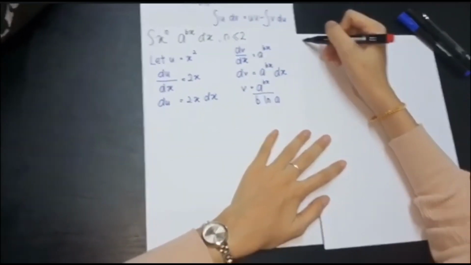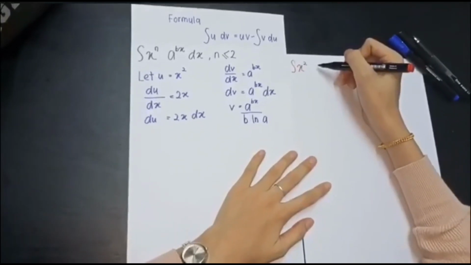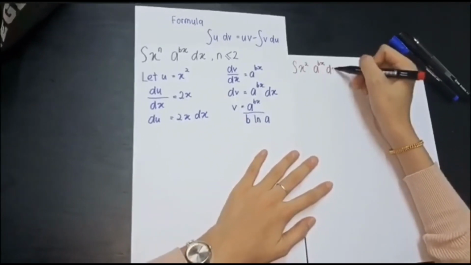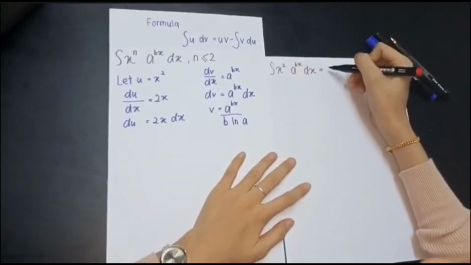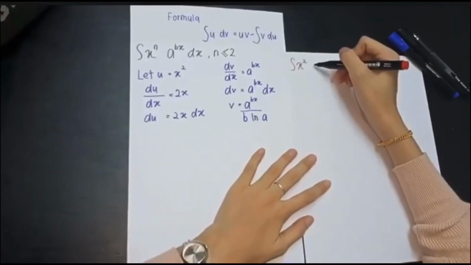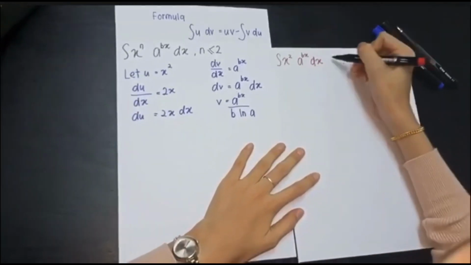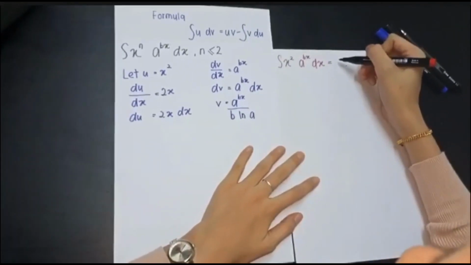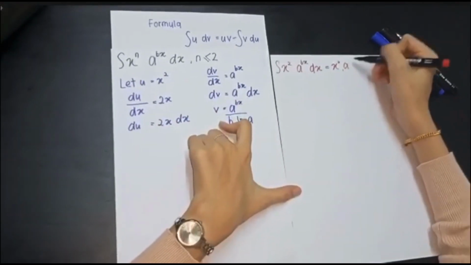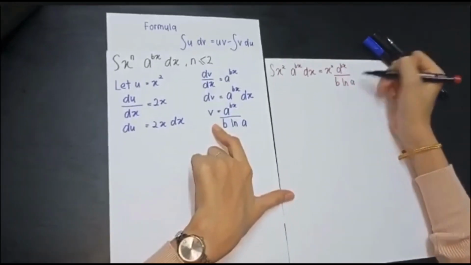So let's start. Integral, our u is x to the power of 2. Our dv is a to the power of bx dx. Our v is a to the power of bx divided by b ln a.